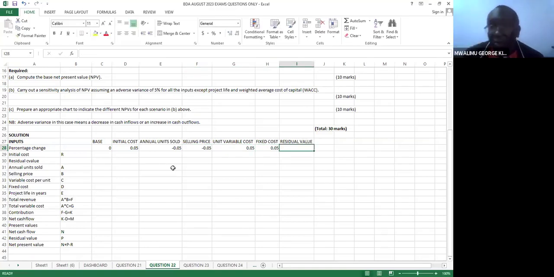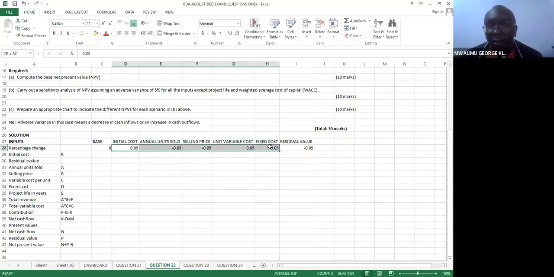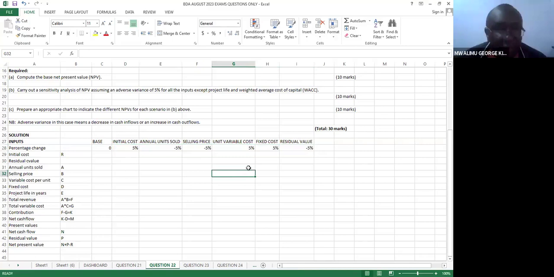Residual value, if it is advanced, it means we have lost. So it's a negative 0.05. So these ones, you can convert them into percentages that way.